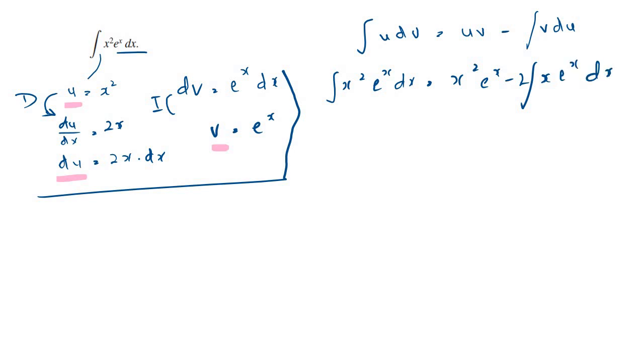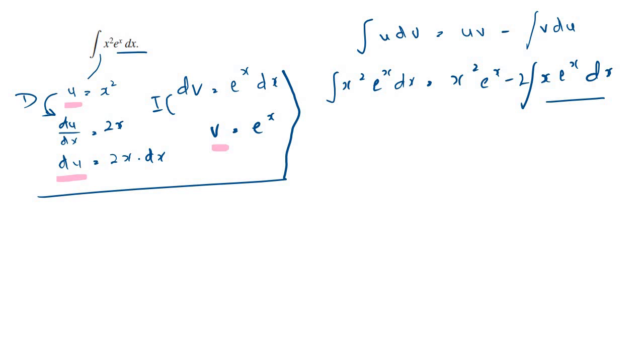So we know that du is 2x dx. Now we have to integrate this part by parts again, but it is better than before because the power of x has reduced. So let's do this part again.